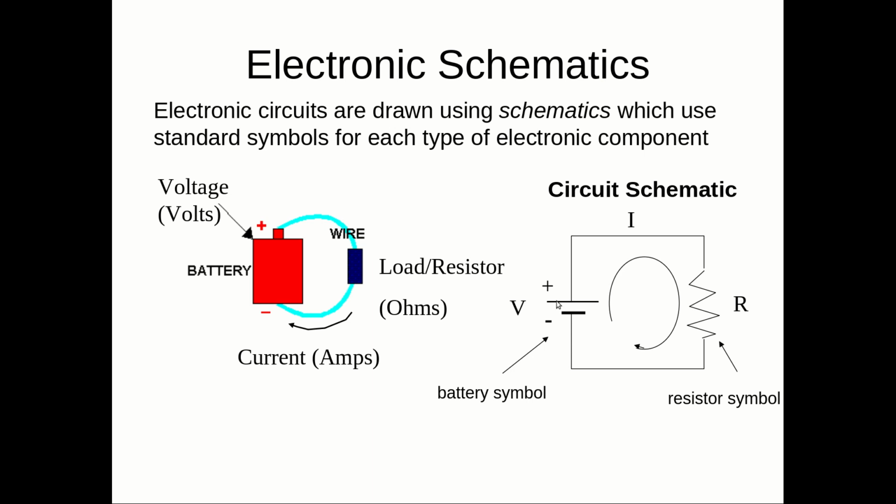This is the symbol for the battery: a large line and then a small line. The small line refers to the minus and the large one refers to the positive. So this side is the minus or negative side, and this is the positive side. Now there are other symbols for other components.